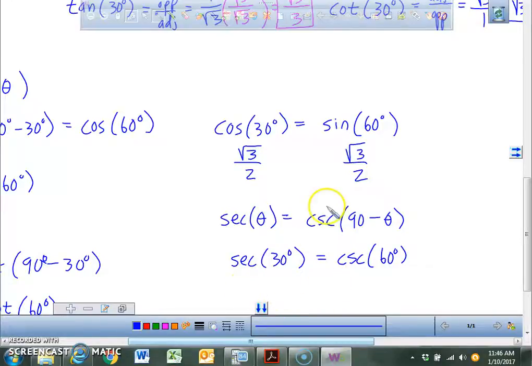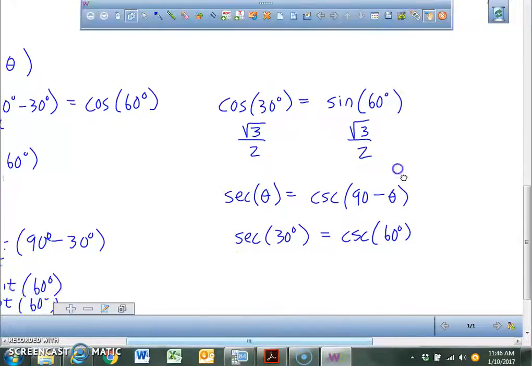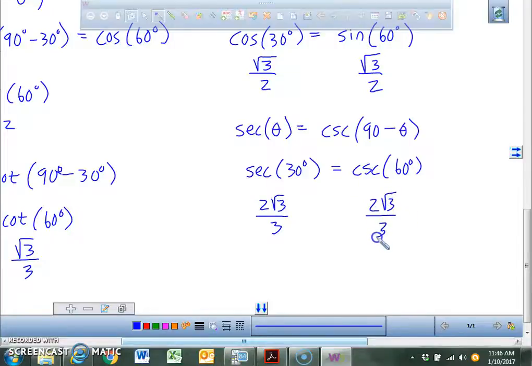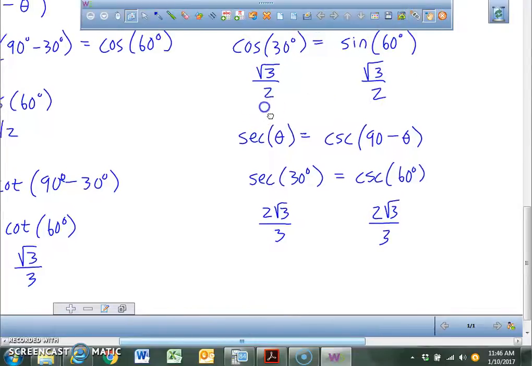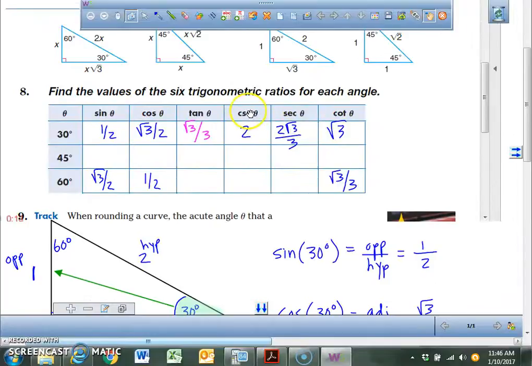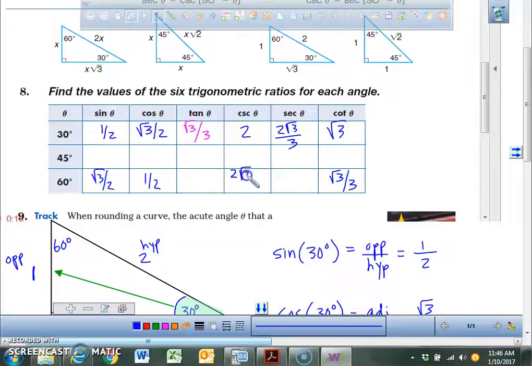What was our secant of 30? 2 radical 3 over 3. So this also has to equal 2 radical 3 over 3. So let's find the cosecant of 60 right here. You're going to write 2 radical 3 over 3. So that's how you can use cofunctions to help you find other values.